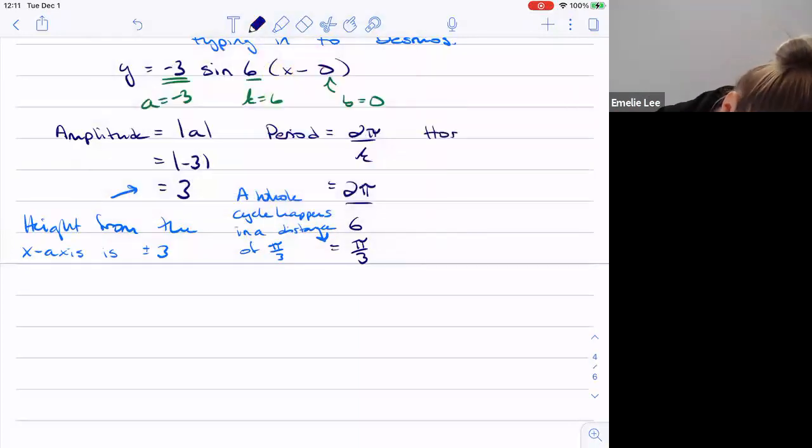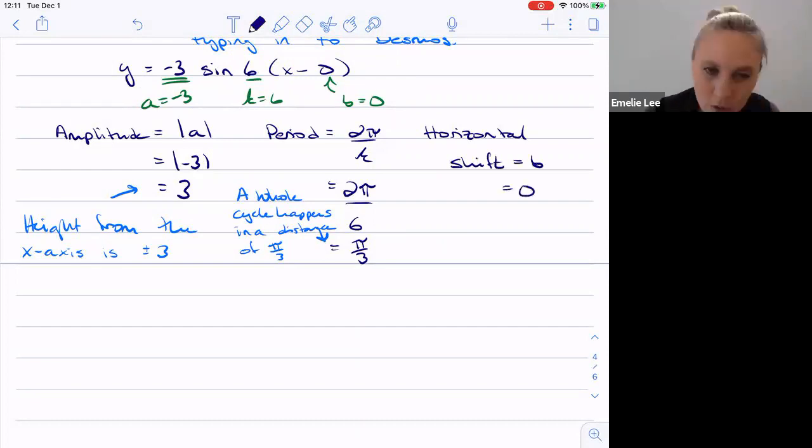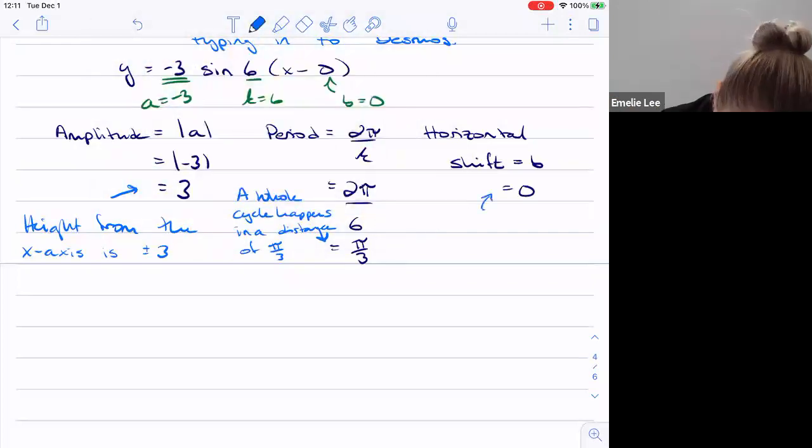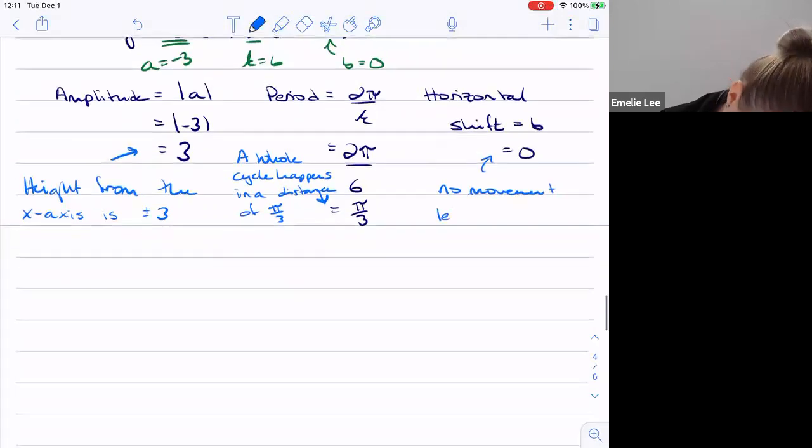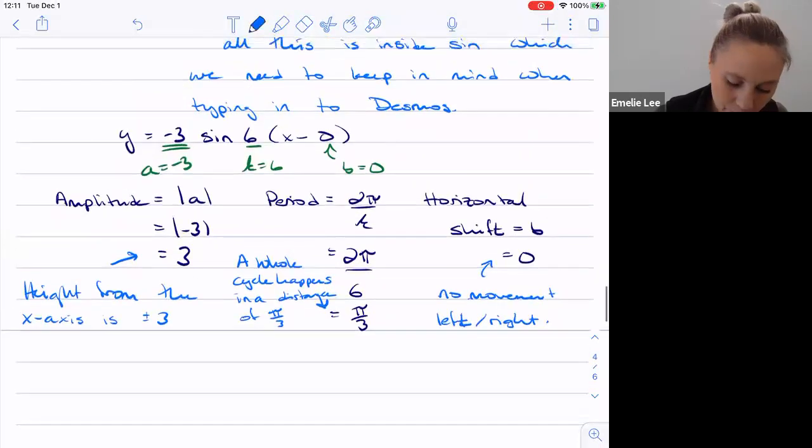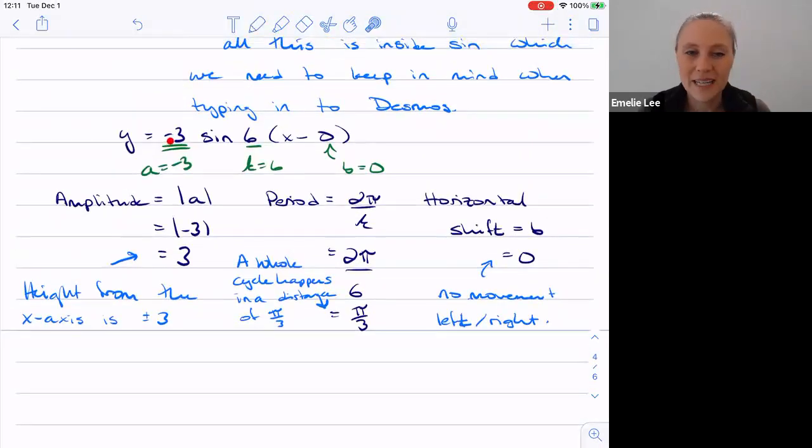And then my horizontal shift, which is b, which is 0. So there's no movement to the left or to the right. We've got a negative here, okay? We're just kind of ignoring it. We found our amplitude, but if you remember, if we take the negative of a function, it flips it on the x-axis.